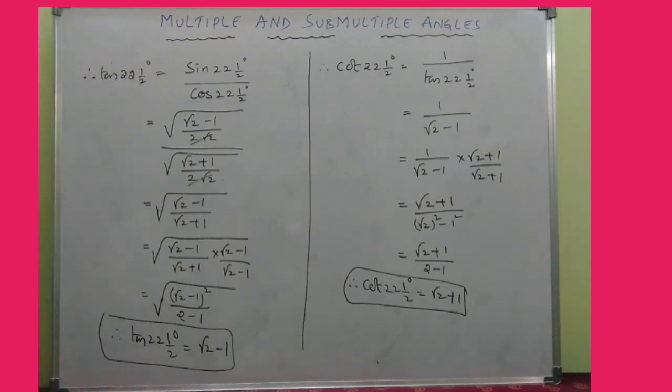So not only sine, cos, tan and cot, similarly you can also find the values of cosecant 22.5 degrees, and even secant 22.5 degrees. Just please go through the proof of tan 22.5 degrees and cot 22.5 degrees for a few seconds.